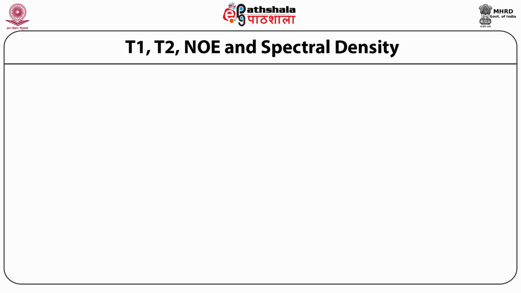The way we do it is by measuring T1, T2 and NOE. T1, T2 and NOE are related to the spectral density function, and the equations for R1, R2 and NOE are given in this slide. So R1 depends on the spectral density function at omega H minus omega N, the spectral density function at omega N, the spectral density function at omega H plus omega N, and again the spectral density function at the nitrogen frequency.